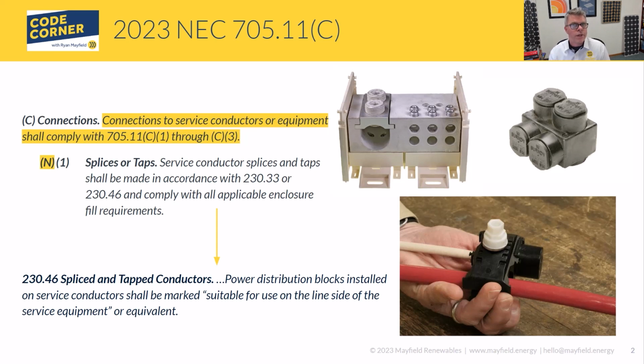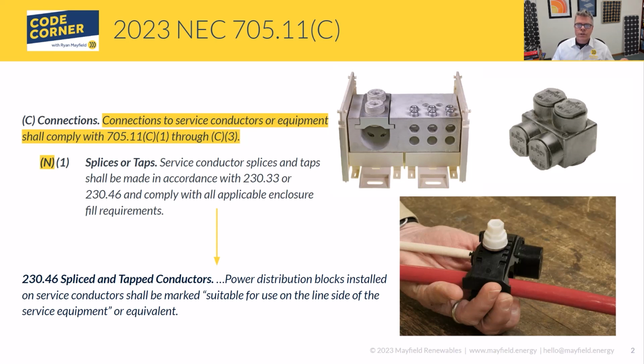But the splices or taps that we use need to be made in accordance with 230.33 or 230.46. The 230 section is services, and so this is getting into the requirements around connections to services, that's exactly what we're doing. We're making connection to the service conductors, and so we need to follow these rules.